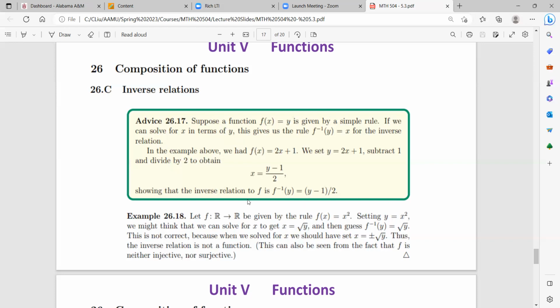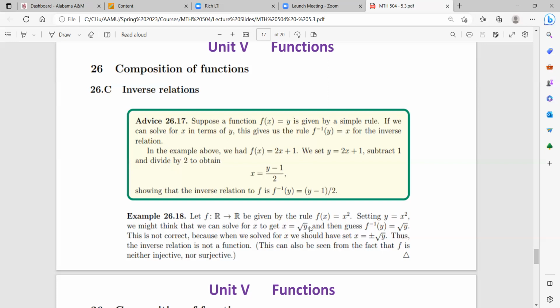Let's look at one more example. Let's assume f is a function from R to R, the quadratic function, the parabola, f(x) equals x squared. If you try to find the inverse relation for this function, you actually don't get one simple solution.